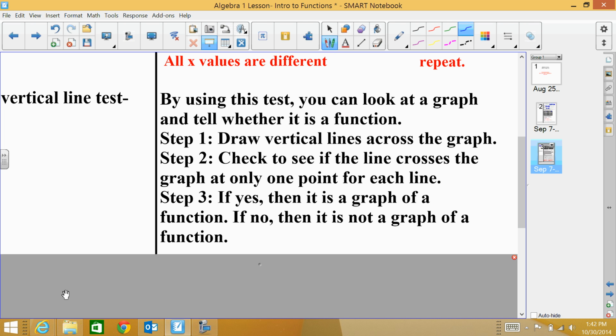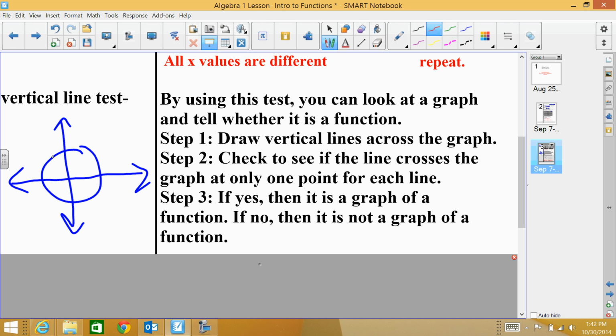So here are the steps if you want to write these in your notes. Step 1 is to draw vertical lines across the graph. So if this is my graph, and I have a graph of a circle, then for my first step I would draw vertical lines all the way across the graph.